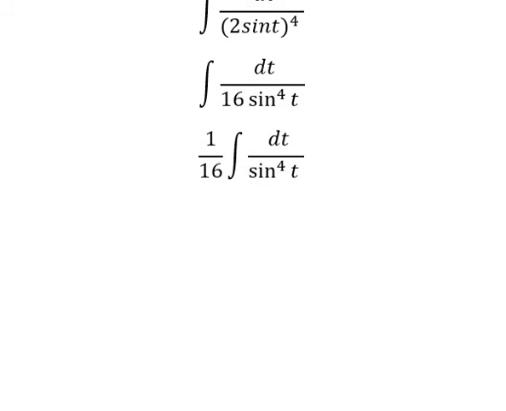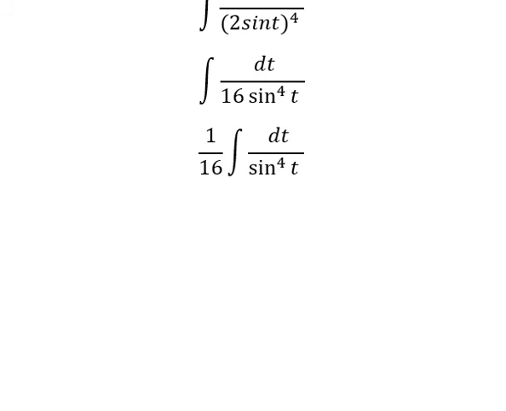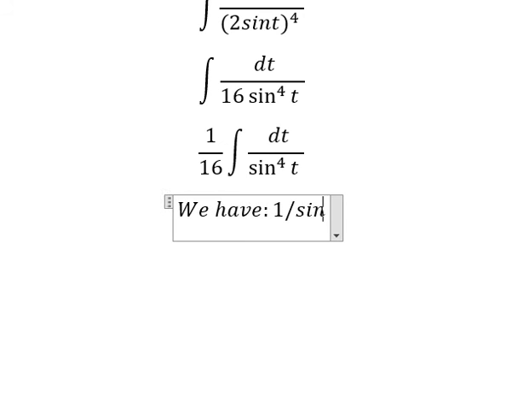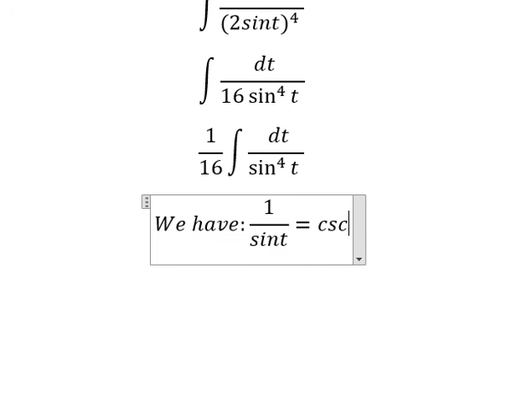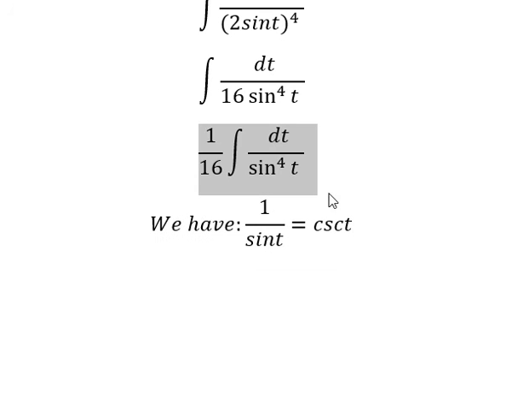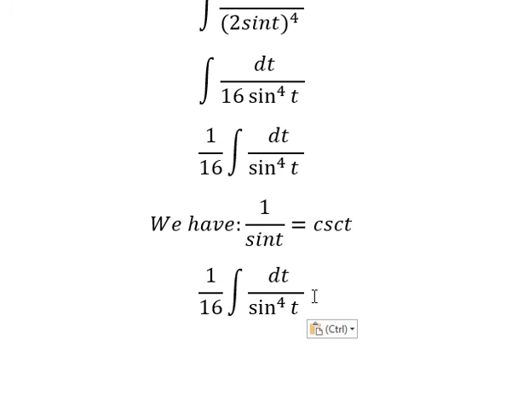So we have the formula in here. 1 over sine t equal to cosecant of t. And now we need to transform this one into this one.